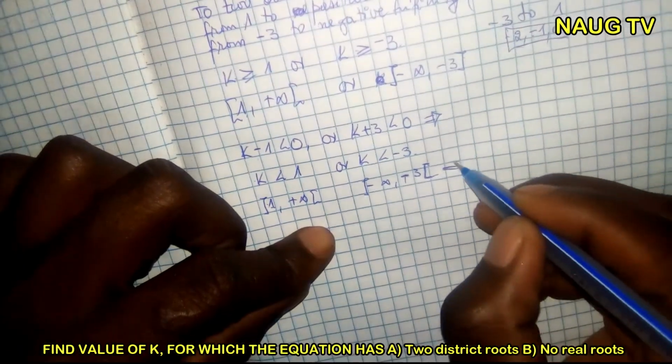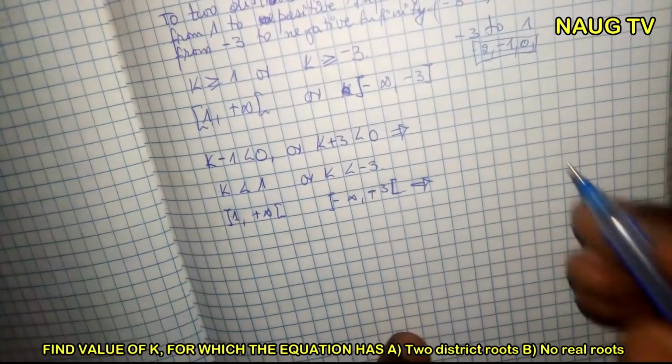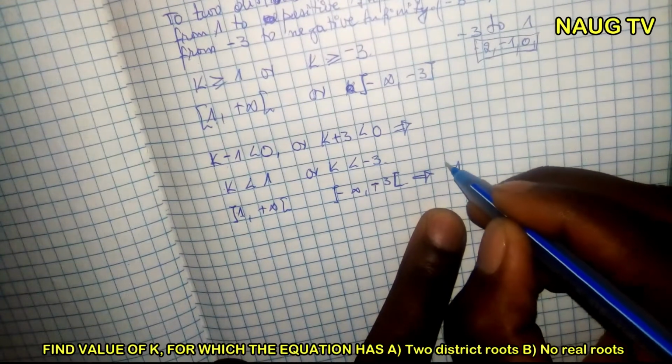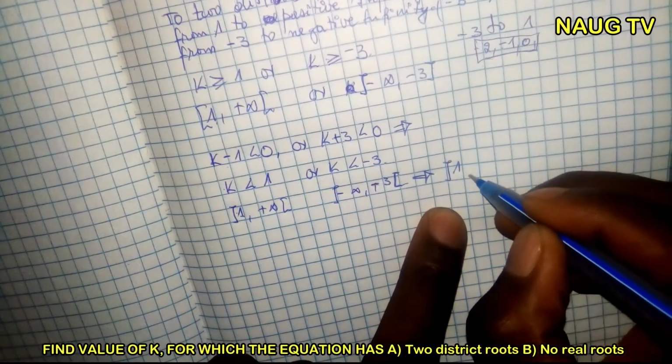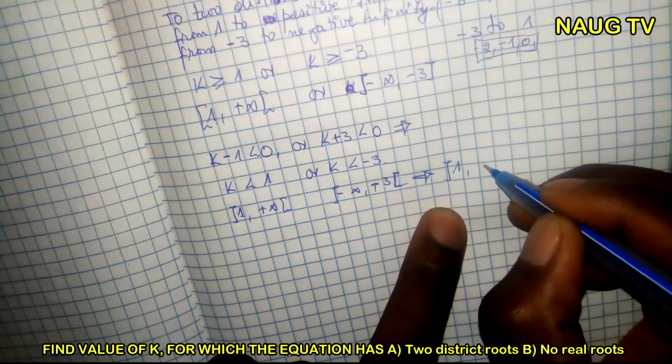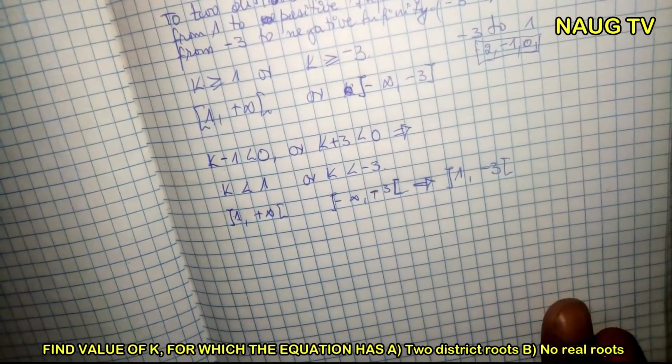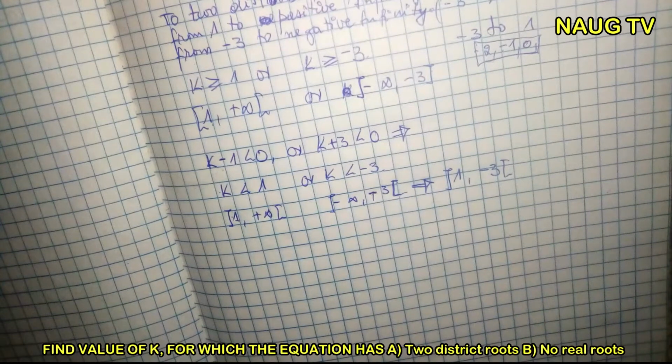This is simply written as 1 not included, also negative 3 not included. So that's what we need to prove here.